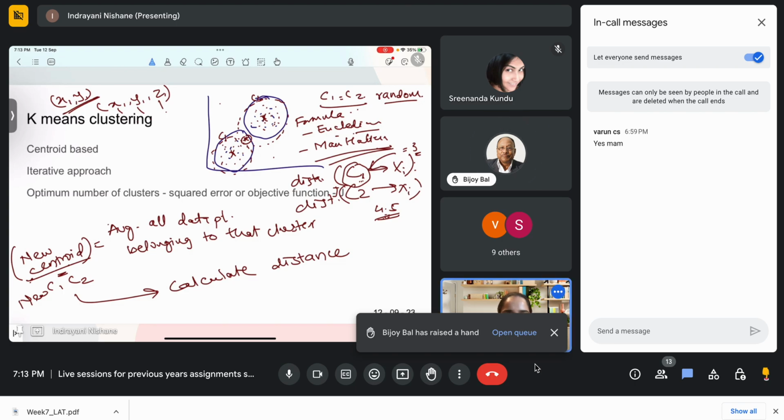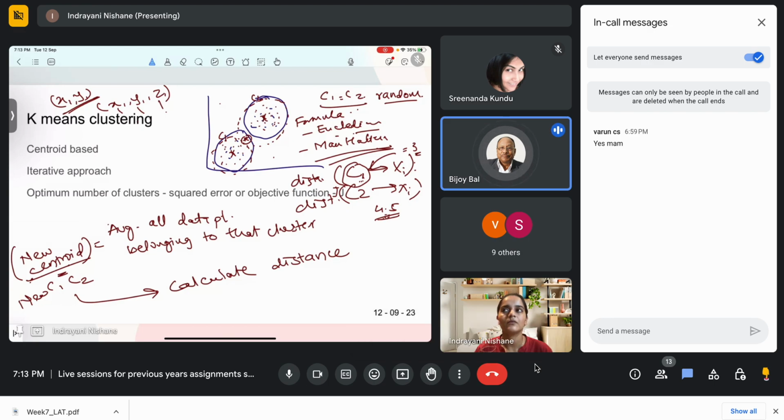Yes, Bijoyji? Ma'am, good evening. I wanted to be clear about whether we should also calculate the centroid values, or exclude them from the calculation when we calculate the values of data points. I think you have gotten a little confused. We have a second question starting on this.